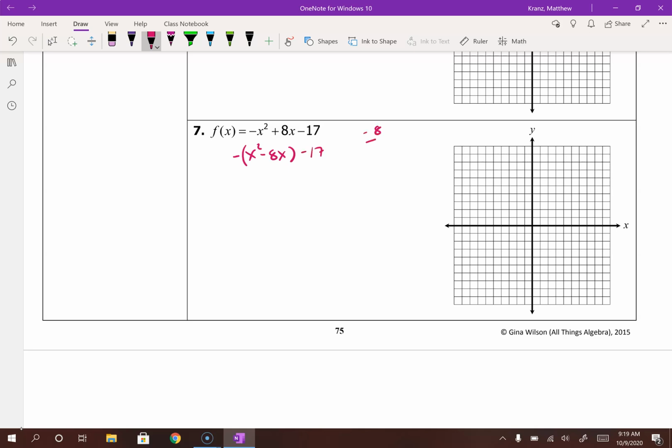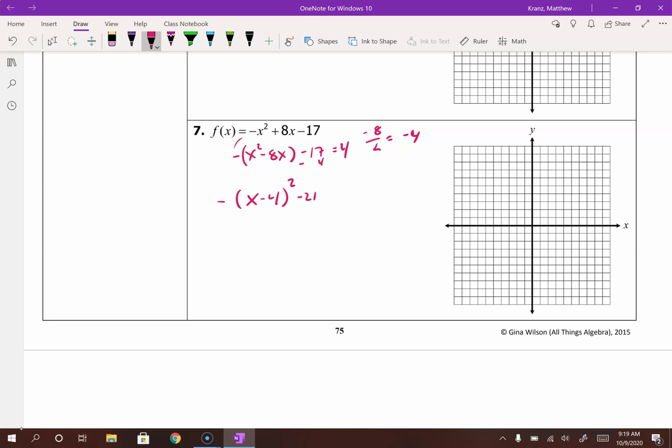When I do this, -8 divided by 2 is -4. So I know that I'm going to have a negative x minus 4 squared. On this side, I have to put a positive 4 because the negative is going to affect that, making it positive. So that means I'm going to minus 4, so it's going to be -21.